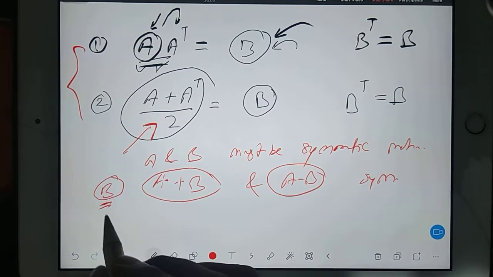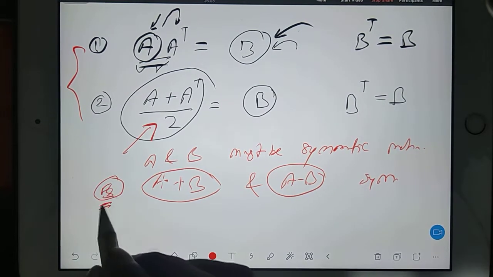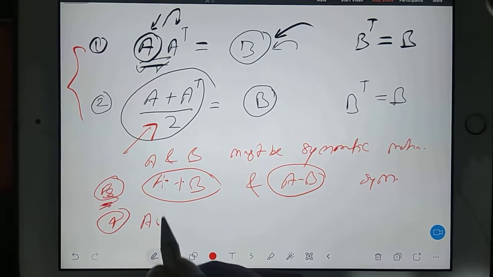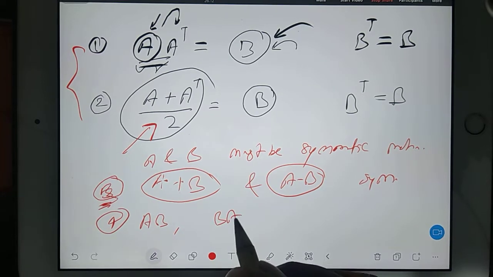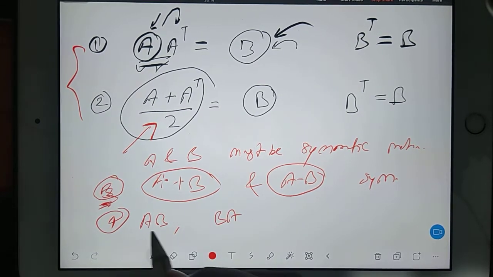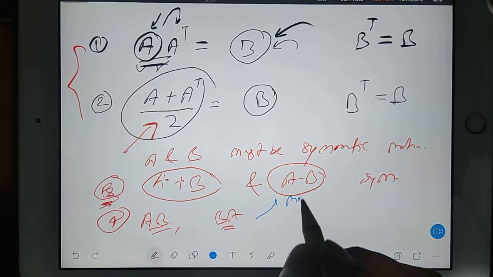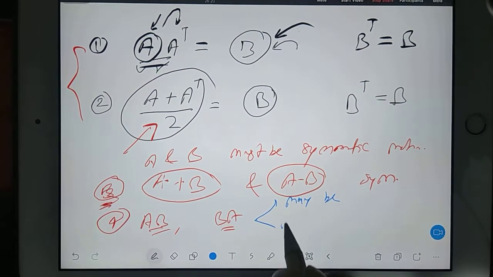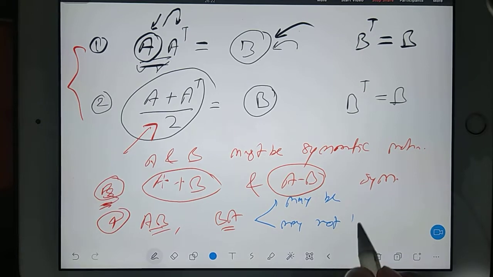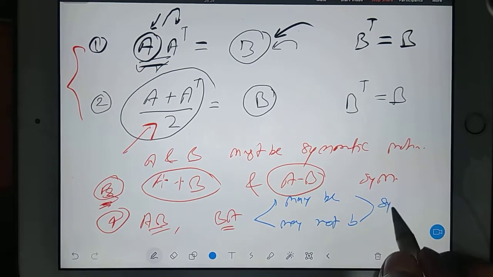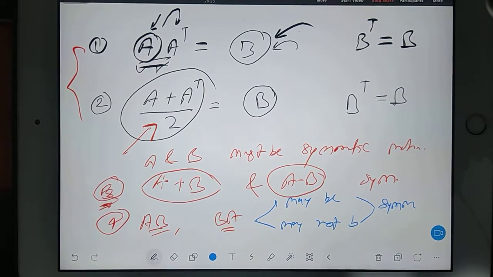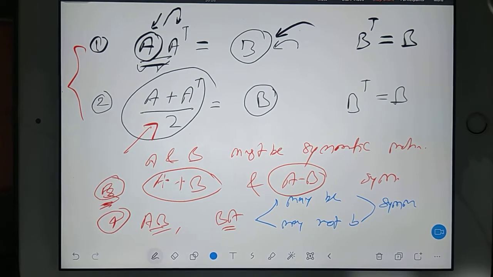But if you simply multiply them, suppose you find AB or BA, these answers don't have any restriction. They may be symmetric matrices, they may not be. So these are small properties we have to remember.